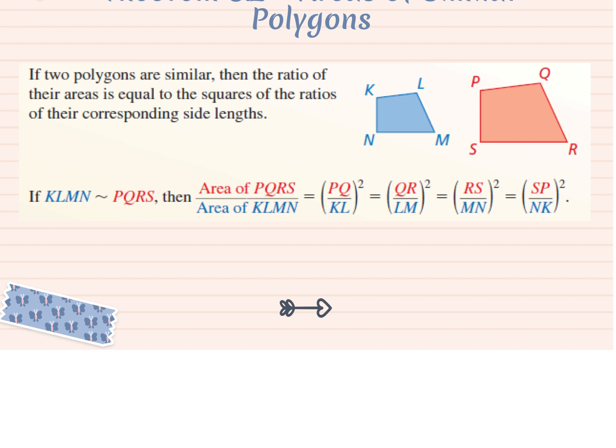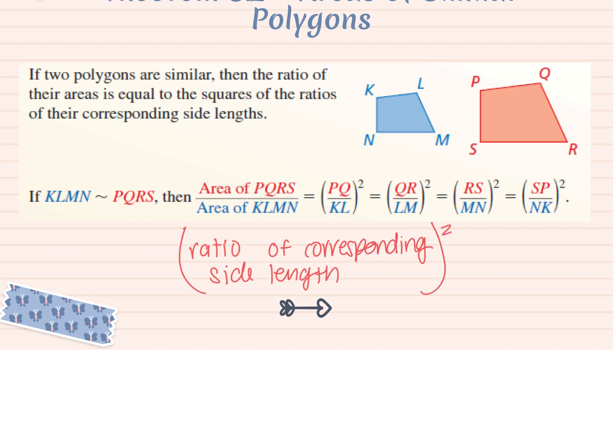Okay, so it says if two polygons are similar, then the ratio of their areas is equal to the square of the ratio of their corresponding lengths. So you're going to take the ratio of the corresponding side length, and you are squaring it.